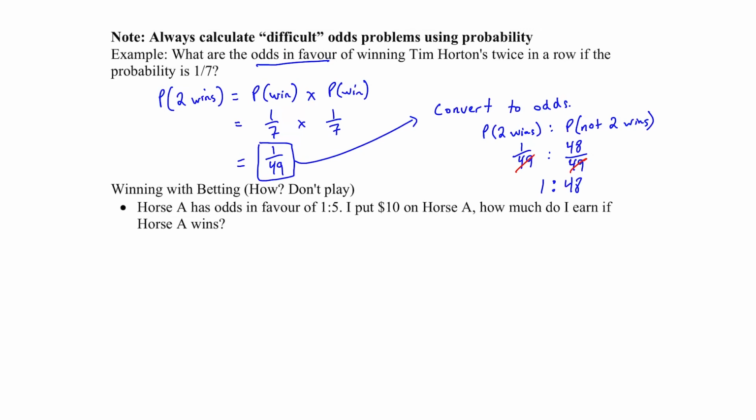But just to understand it, let's say horse A has odds in favor of 1 to 5, and I put $10 down on horse A. How much do I earn if horse A wins? Well, there's 1 to 5 odds of my horse winning, which essentially means it's more likely that my horse loses than it is that it wins. And so I'm pretty happy when my horse actually pulls together a win.